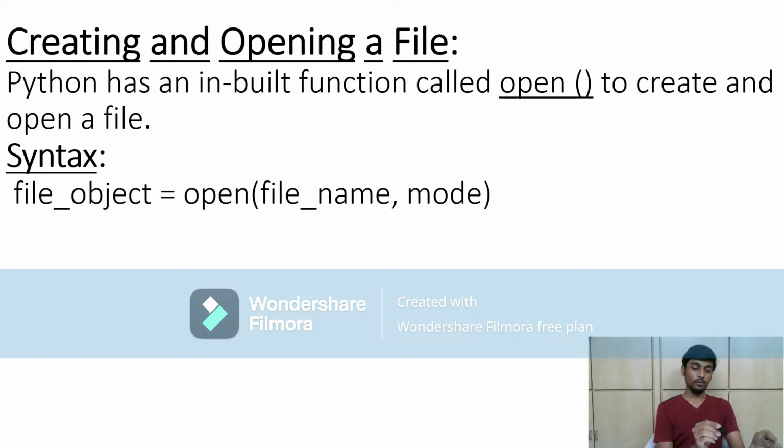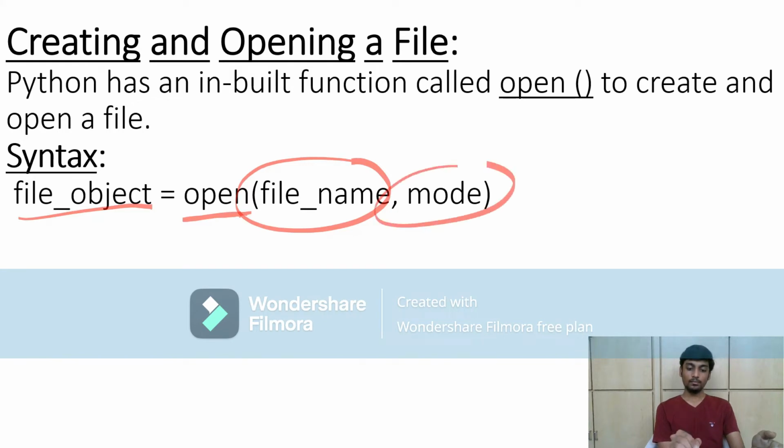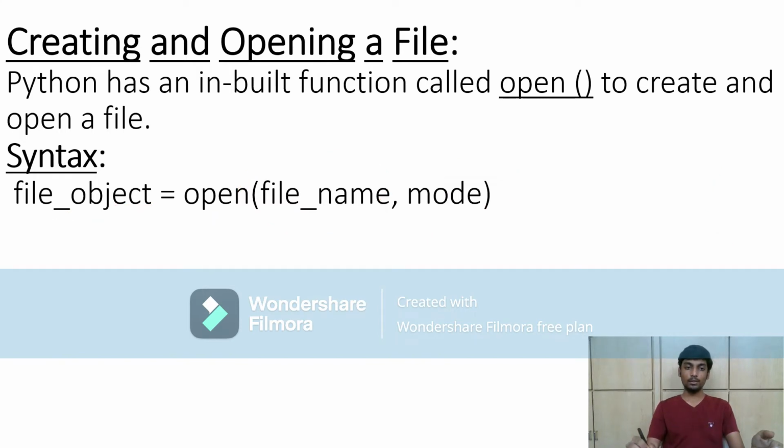The syntax for creating and opening a file is file object, then open, then the name of the file, which should be entered as it is, and the last one is mode, which we discussed before, whether it is r or w or a, etc. Now we'll see a few examples.